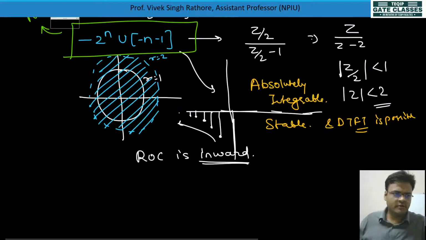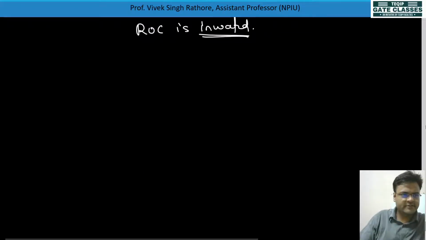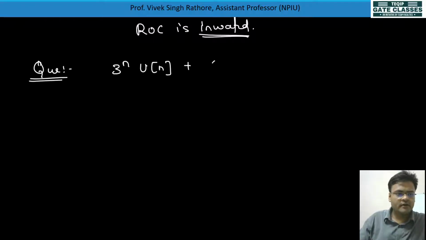Now we'll see some types of signals which are two-sided. Okay, so we'll take an example. Let's suppose your example is 3 to the power n, u of n, and then minus 5 to the power n, u of n.